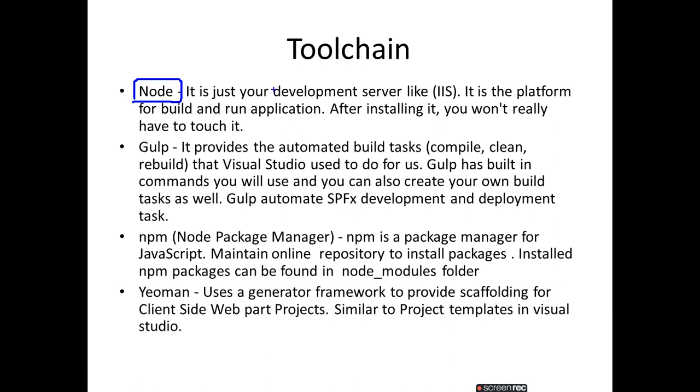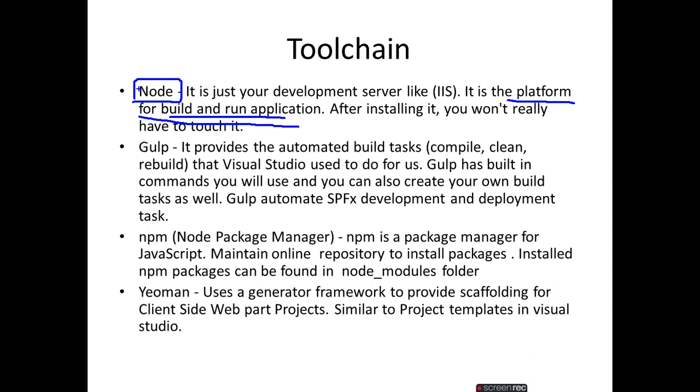Node.js is like an IIS server. Earlier we used IIS, Internet Information Service. It is a platform to build and run the application. So Node.js is a platform on which we build and run the application.